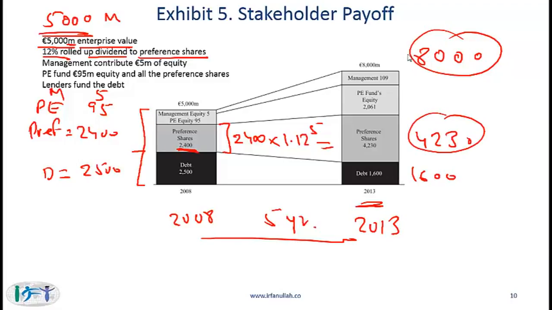So if the total enterprise value at the end of year 5 is 8,000 and debt is down to 1,600, the claim that the preference shareholders have is equal to 4230, then how much do we have left for common equity? Remember, common equity is the residual.